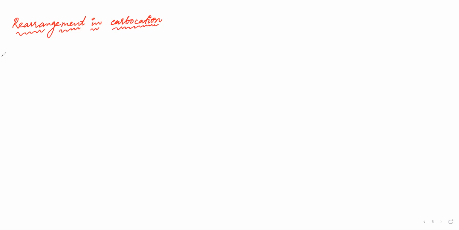So what is a carbocation? What does rearrangement in carbocation mean? It means that the carbocation sometimes rearranges itself. And how does this rearrangement happen?